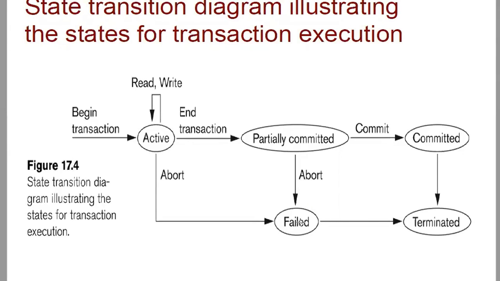Once it is aborted, it reaches the failed state. After the failed state, the next one is terminated, which means the particular transaction is terminated permanently. If you want to start the same transaction again, you have to restart it. Once it reaches termination, your transaction is completely finished without performing any modifications in the database.